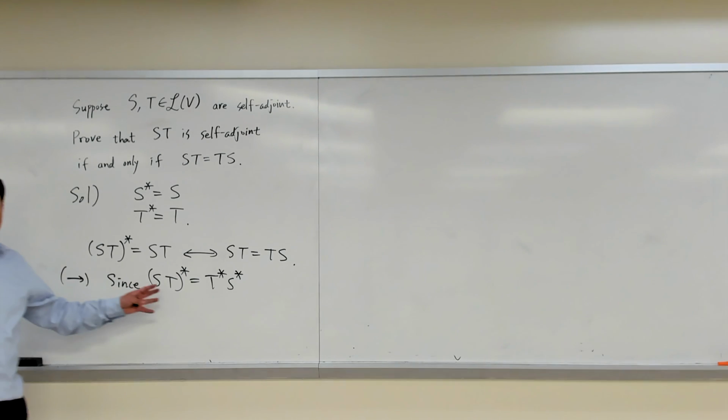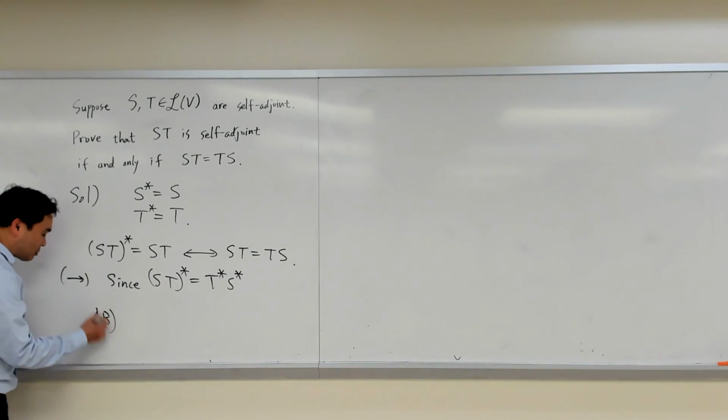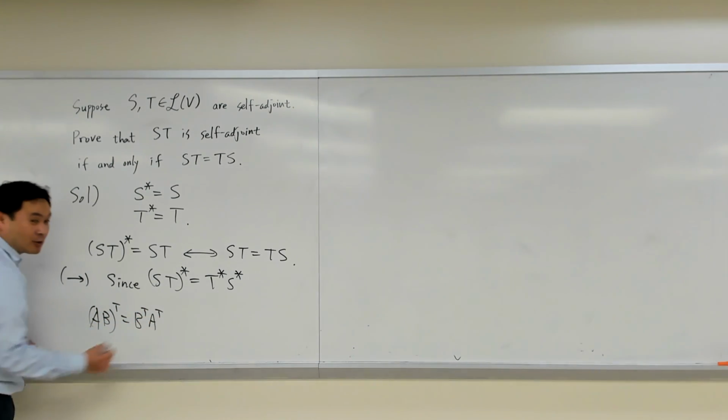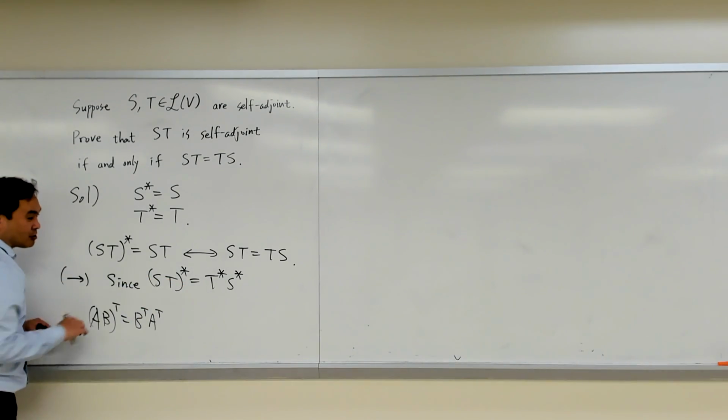If you forgot this, you can remember that if you have (AB) transpose, that's the same as B transpose A transpose, right? Conjugates don't change the ordering, so conjugates don't do anything. If you remember this, it's kind of obvious.